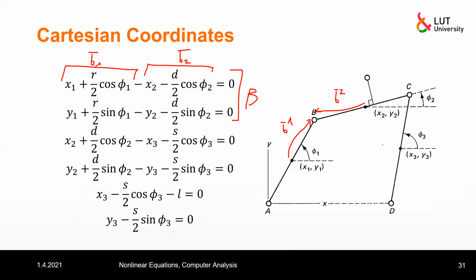And of course, it simply states that point B is here. It doesn't matter if we search for point B from that or that perspective, we end up here. That's why the sum of those vectors is equal to 0. And here we have the joint at point C in a similar way. And here is the joint at point D with respect to ground. Is it clear how those equations are created?